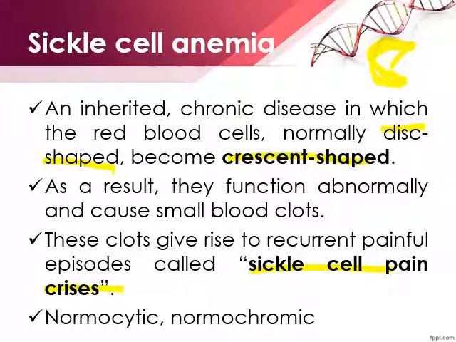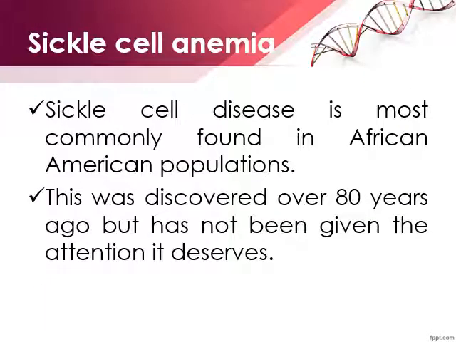It is classified as a normocytic, normochromic erythrocyte or red blood cell. It means that it has normal size and normal hemoglobin concentration. It is common in African American populations and was discovered over 80 years ago.